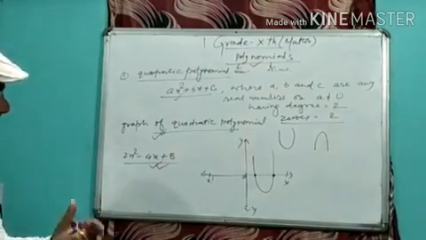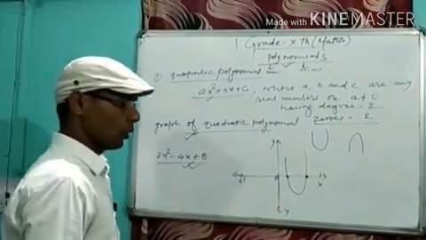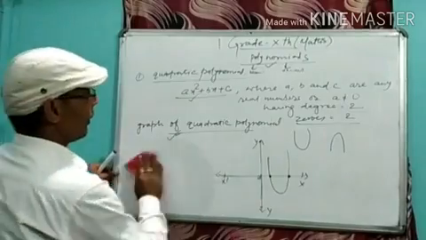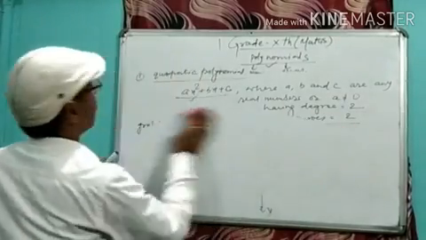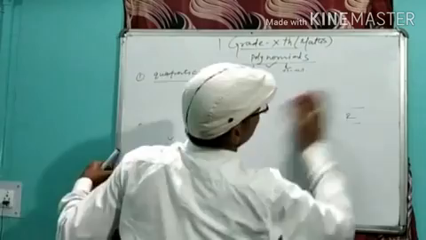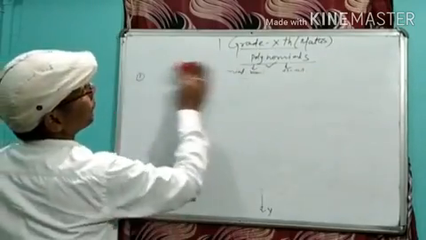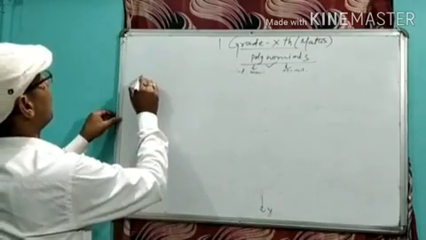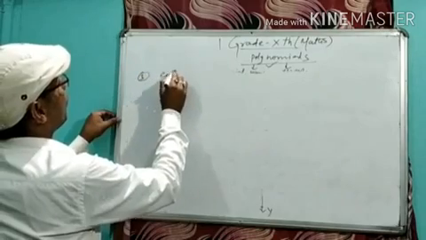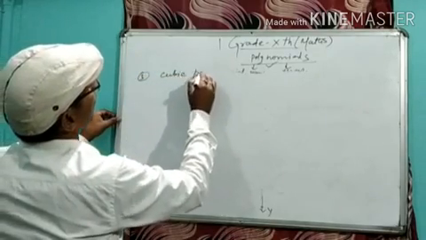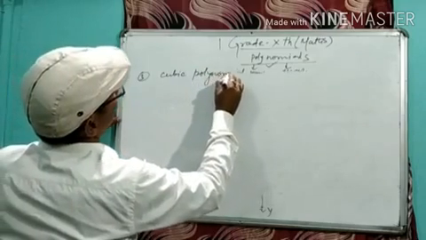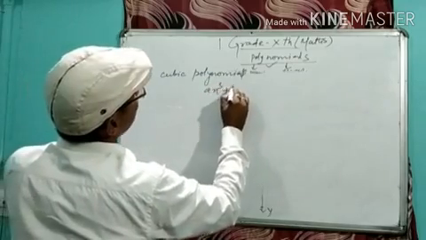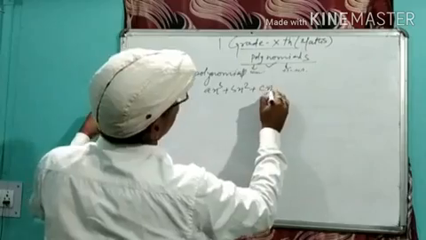Later, I want to go ahead. My dear, now it's the turn of the cubic polynomial. Cubic polynomial, standard form ax cube plus bx square plus cx plus d.